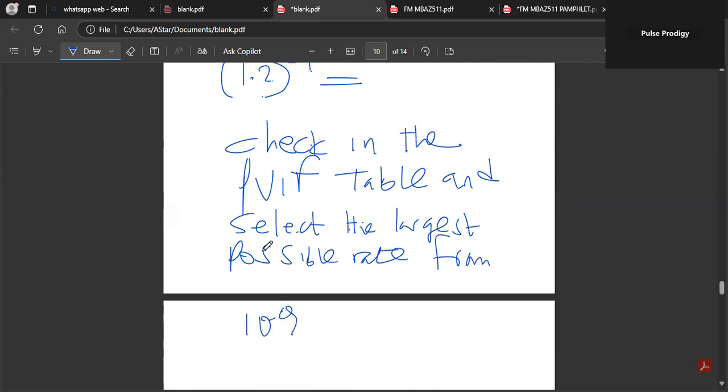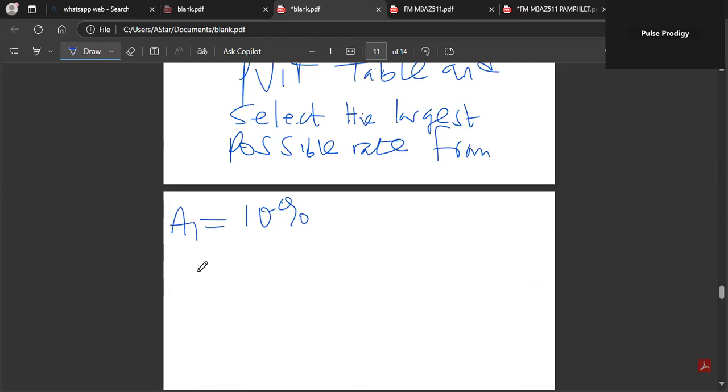So this is our A1, 10. Then our B2, you can get a 20% or you can get a 25% from the table.